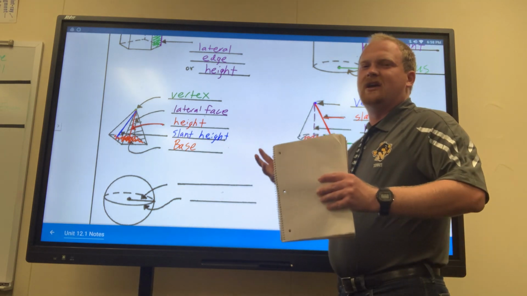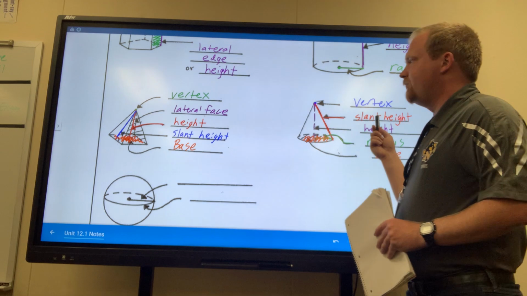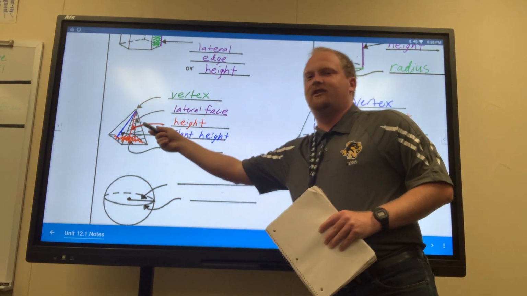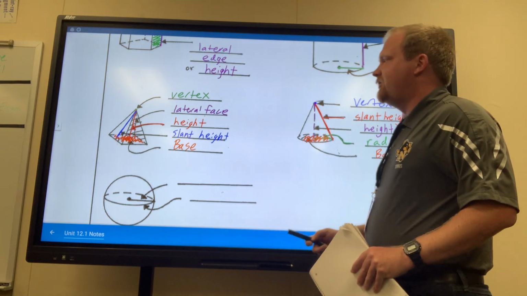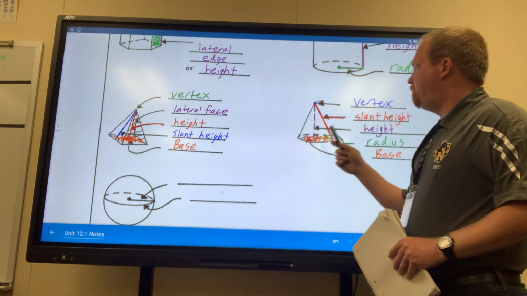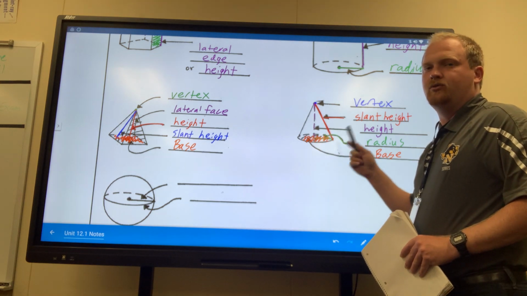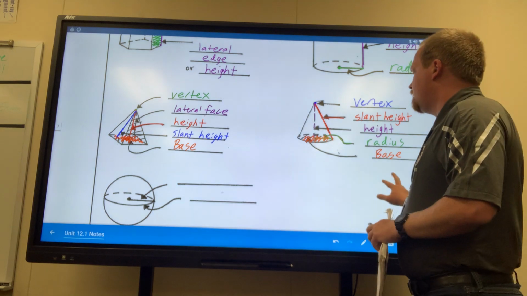It's not so much of a face, but we can find the slant height from it. And while this does have a slant height, one big significant difference is that a pyramid is not going to have a radius, but a cone will. A cone will have a radius, and that's one thing to keep in mind.